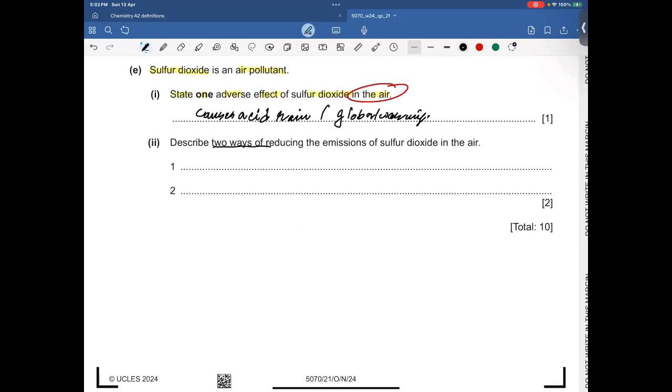Describe two ways of reducing the emission of sulfur dioxide in the air. First of all, use flue gas desulfurization plant.